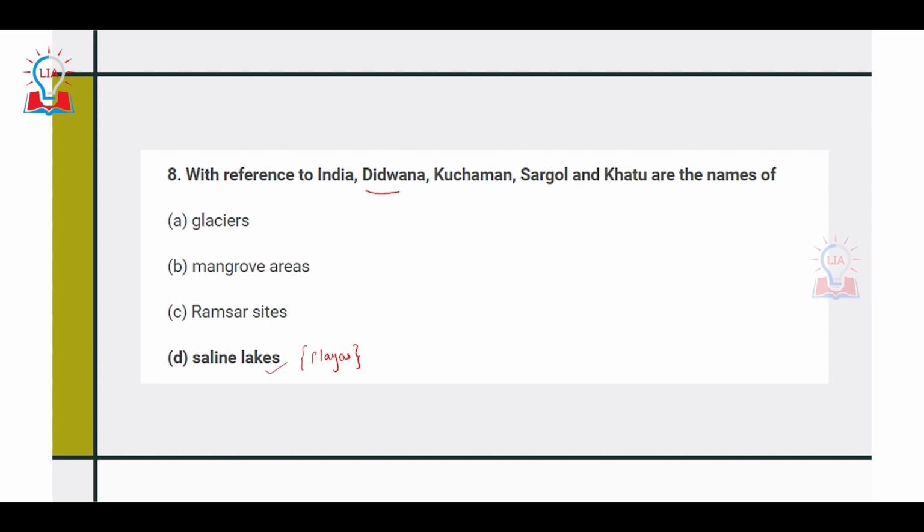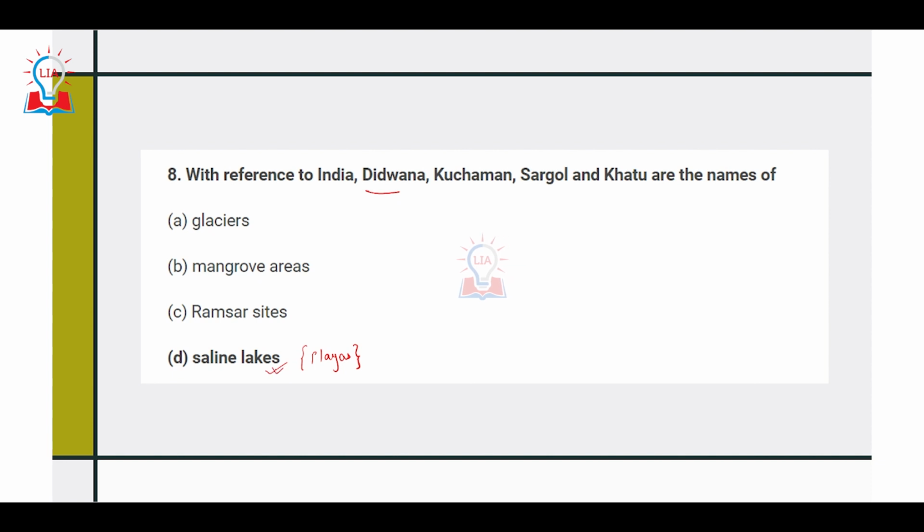Playas are those kinds of saline lakes which develop in dry, arid regions, because in the rainy season the water comes from the mountains or the hills and gets collected, and in the hot season, all the water evaporates, leaving behind all the salt particles encrusted on the surface of the lake.